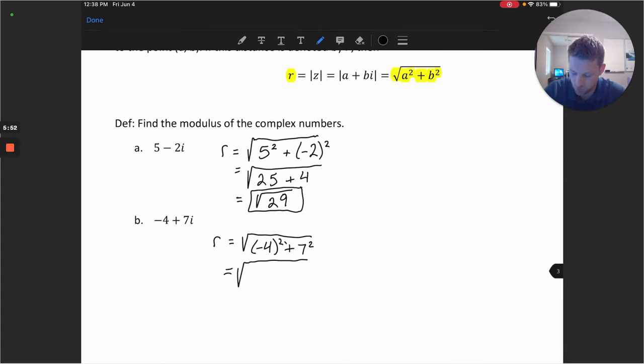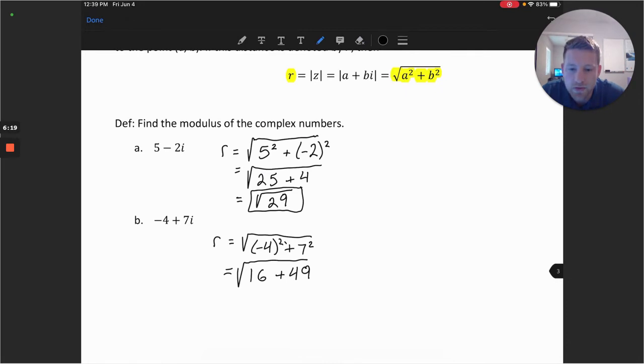Actually, that would be 16, excuse me. 16 and 49.